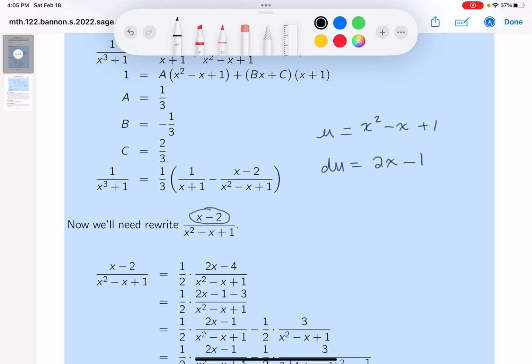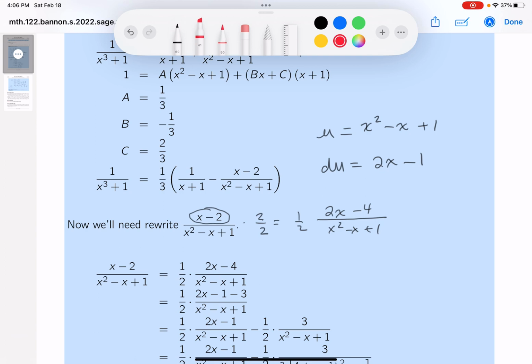So what I did was I multiplied the top by 2 and the bottom by 2. Now granted, when I do that, I'm really multiplying the top by 2. I'm going to leave the 2 on the bottom still. So it's going to be 1/2, and then you would get 2x minus 4 over x squared minus x plus 1.